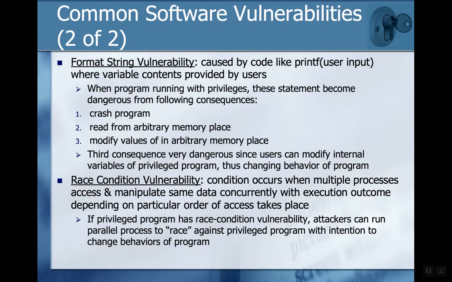And there's a couple other ones out here. This other one we point out here, the race condition vulnerability. Multiple processes, especially if you multitask or you create threads of activity. The idea is you can set things up in such a fashion that multiple processes are running for the same data concurrently.